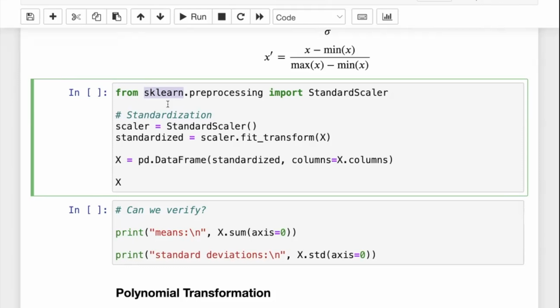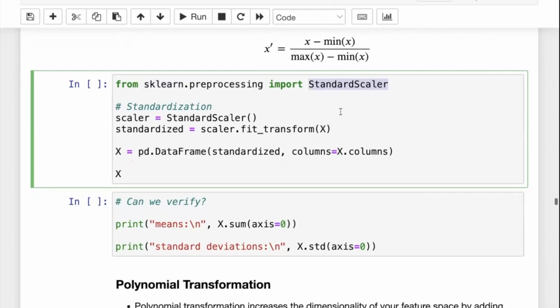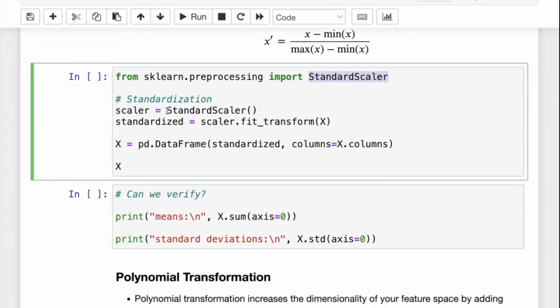As you guess, there are a lot of ways of preprocessing features inside scikit-learn. In this case, we import StandardScaler from sklearn.preprocessing. Remember, StandardScaler is a class, so you have to first instantiate it or create an object. In order to do that, we're going to use the default values. We create this object scaler.